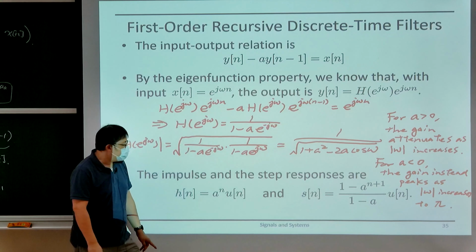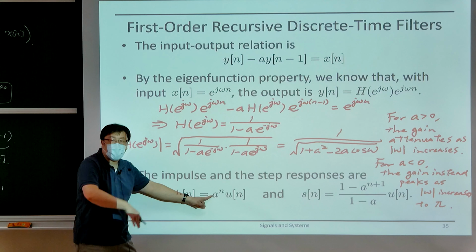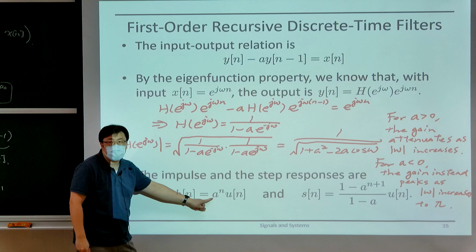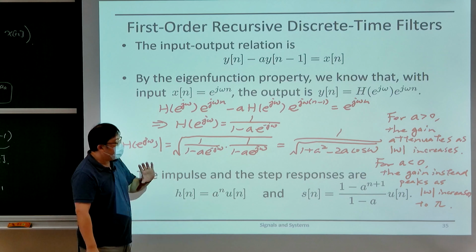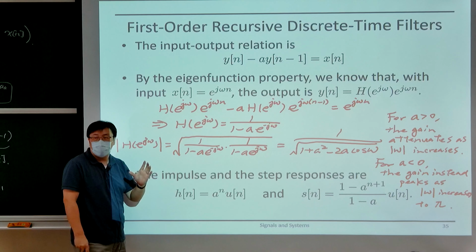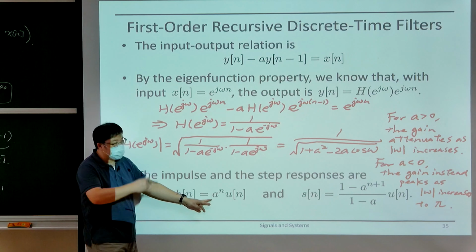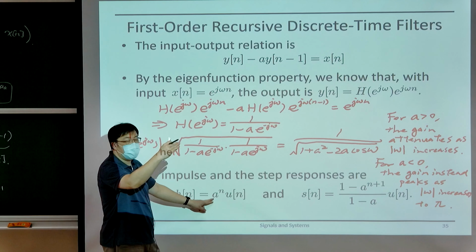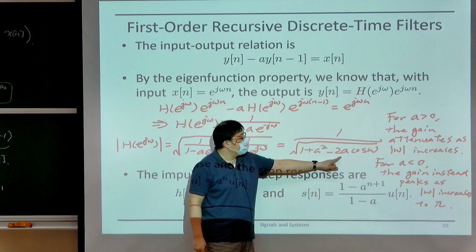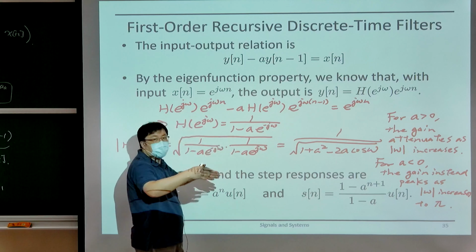But for a that is small, the response decays rapidly in the time domain. Vice versa, if you pick a to be large, let's say close to 1, then the time signal decays slowly, but the frequency domain attenuates rapidly.